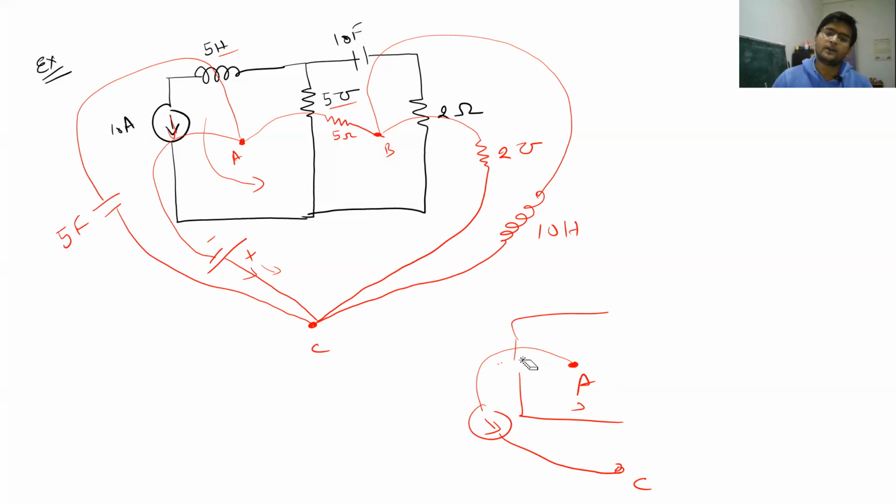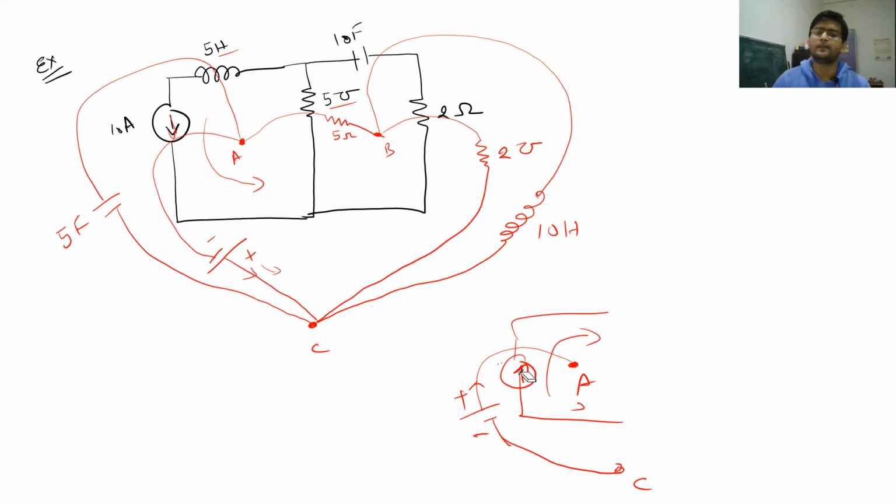Similar to this, if you have a current source in the primary circuit that is trying to produce a current in the clockwise direction across this point A, and you convert this current source into the voltage source in your dual circuit, its positive direction will be upward, so that the current is produced towards A, right?